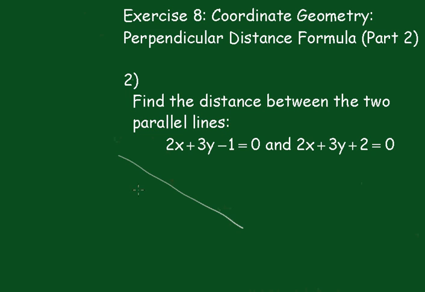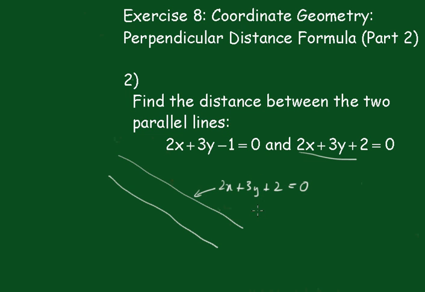So what we've got is two parallel lines. I'm going to look at this particular line here, which we'll let be 2x plus 3y plus 2 equals 0, and I'm going to find a point on it. So I'm going to let y equal 0.